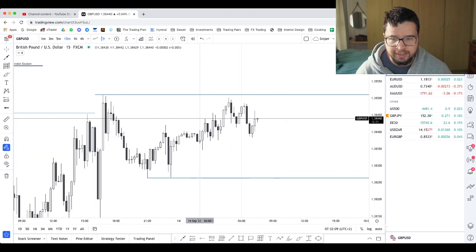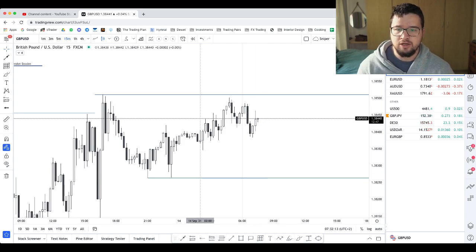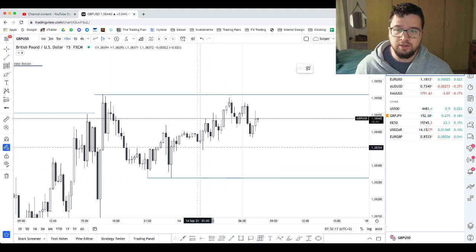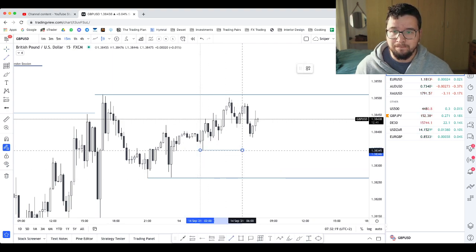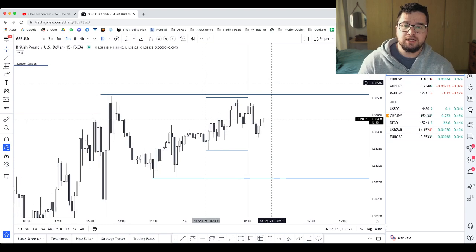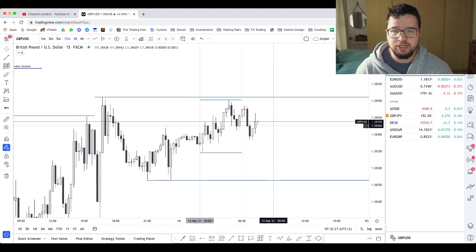I'm looking at clean impulses, order blocks, it's just not there yet. So potentially I would want to see first at London Open a sweep of the highs and lows of Asian session, just to give us more of a clear indication of where we're going.